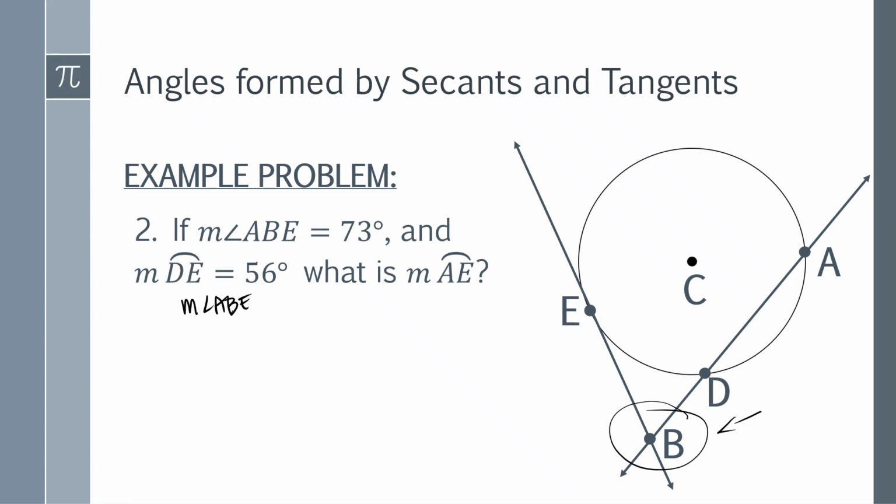So therefore, the measure of angle ABE is equal to half of the measure of the major arc AE minus the measure of the minor arc DE.